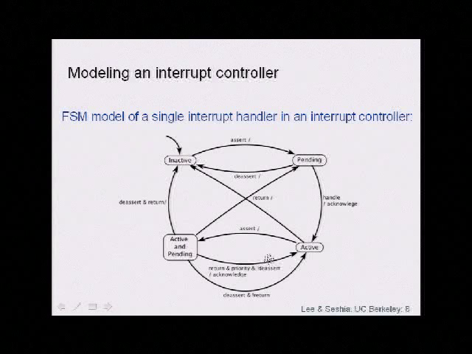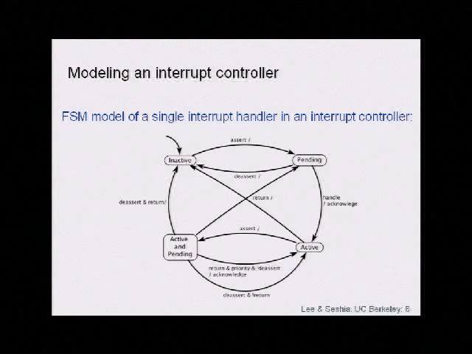On the other hand, if the interrupt that happened had higher priority than the current ISR, and the new interrupt has not been deasserted, you go back to active, and now you execute the ISR for that new interrupt, and you return from the current interrupt. The other possibility is that the new interrupt got deasserted, and so you just go back to servicing the previous one.